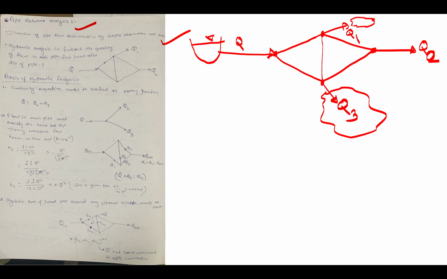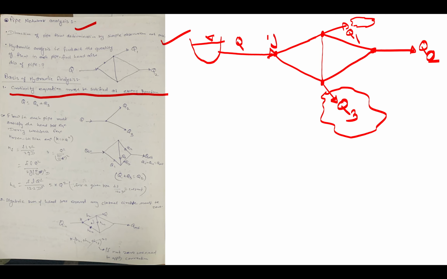Now, these are some basic principles to solve pipe network analysis. What is the principle? The first principle is that the continuity equation must be satisfied at every junction.